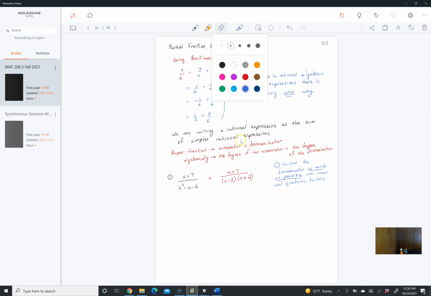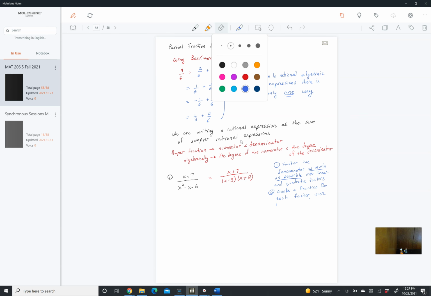Okay, so here's what we do next. We're going to create a fraction for each factor, where the denominator is the factor. And we're going to practice this a lot over the next 2 videos, so don't make yourself crazy.